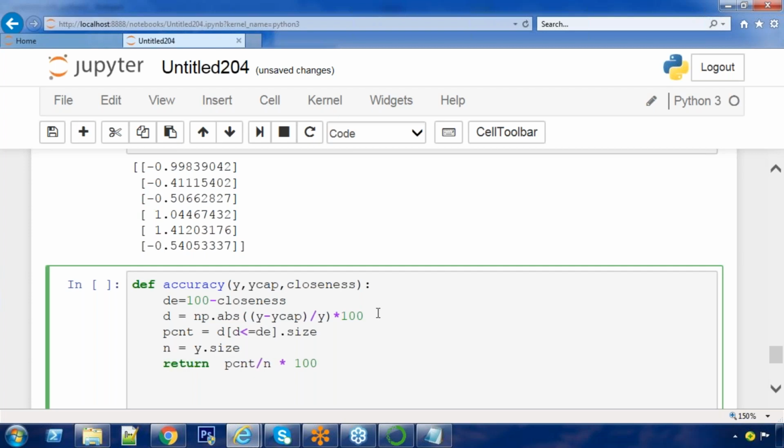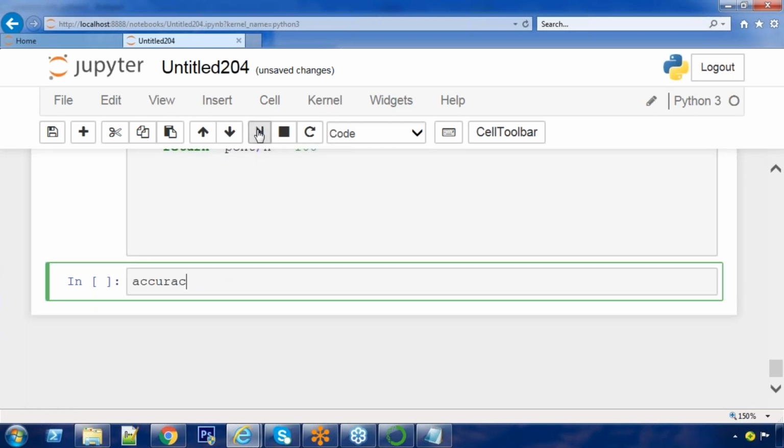Now I am going to test it. Accuracy of y, capital Y is your actual values, the actual, of course scaled, cholesterol values, comma, your predictions are in y cap. I am expecting 90% closeness.